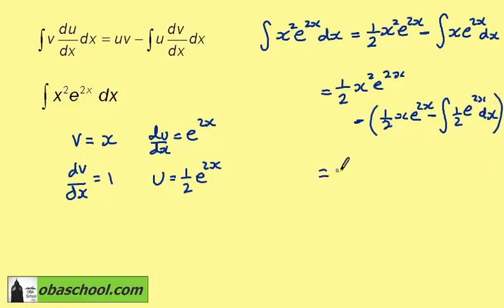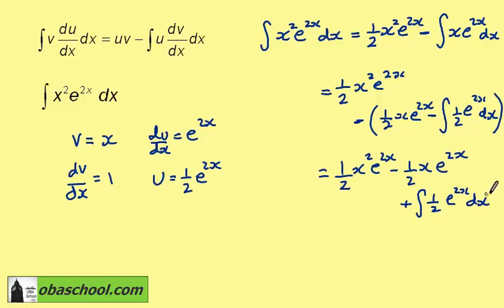This gives us a half x squared e to the 2x, take away a half x e to the 2x, plus the integral of a half e to the 2x dx. So all we've done here is expand the bracket.